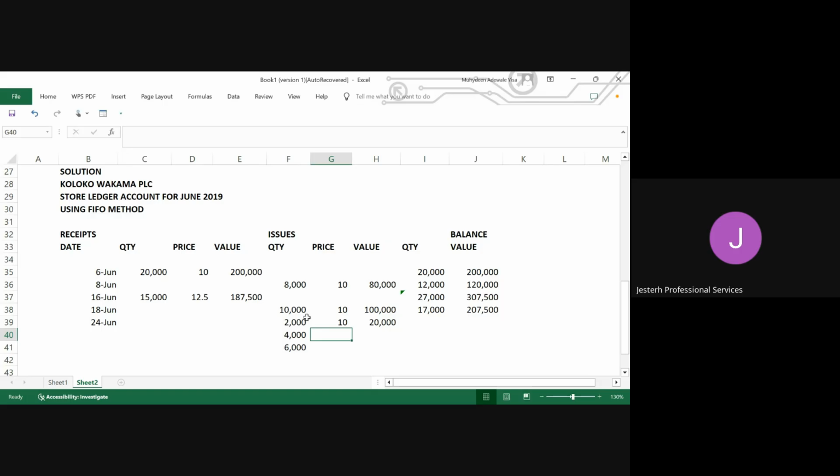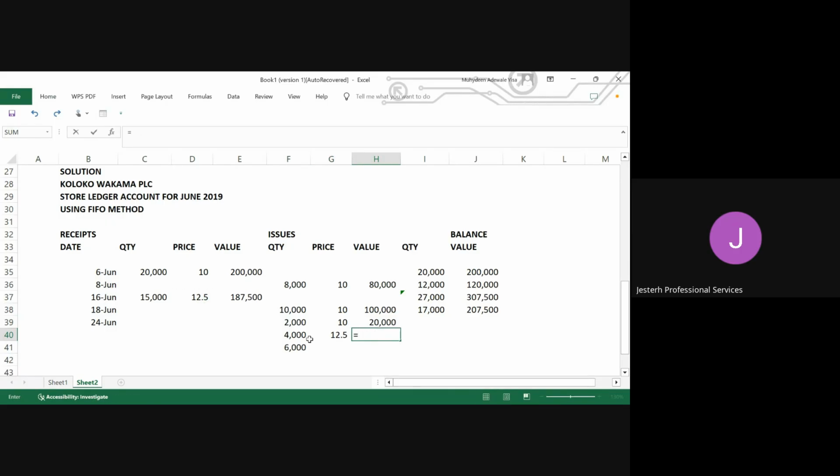Now we need to issue out 4,000 from the 15,000, at the rate of 12 naira 50 kobo.